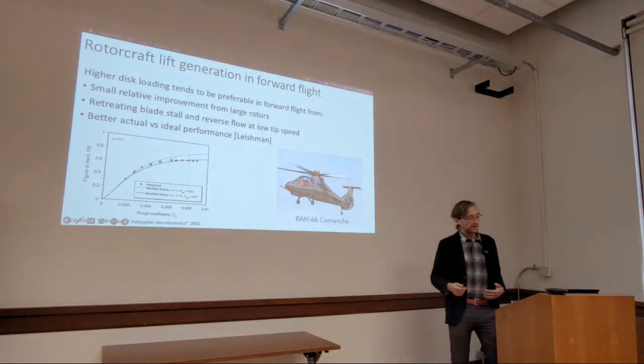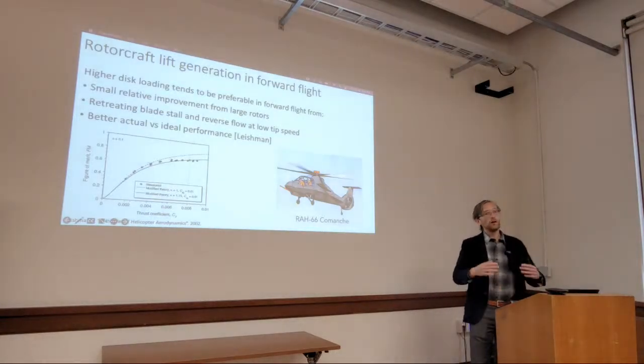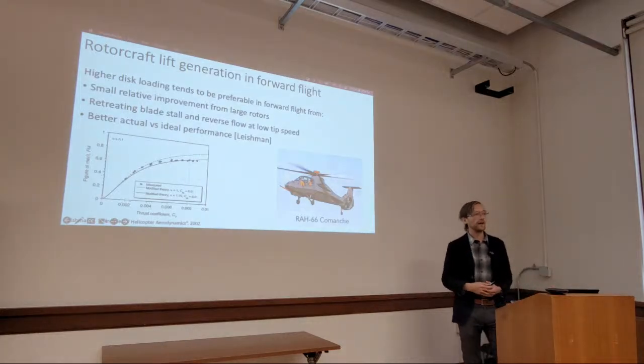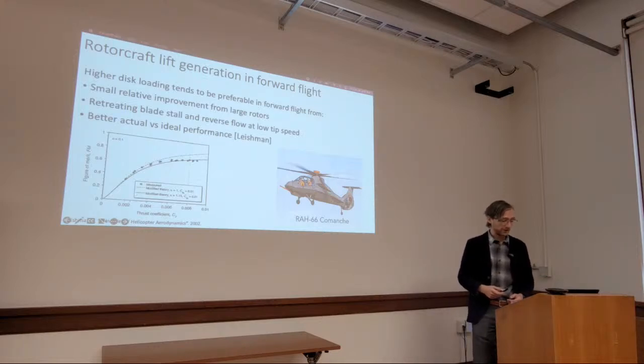So this design criteria regarding rotor size and disk loading depends on the application. If we design a vehicle that is mostly meant for hovering, it is preferable to have a larger rotor and small disk loading, but for forward flight, it is preferable to have, in general, a higher disk loading.